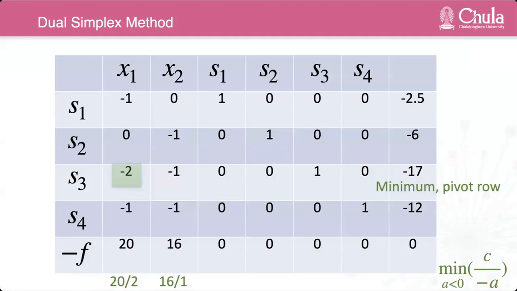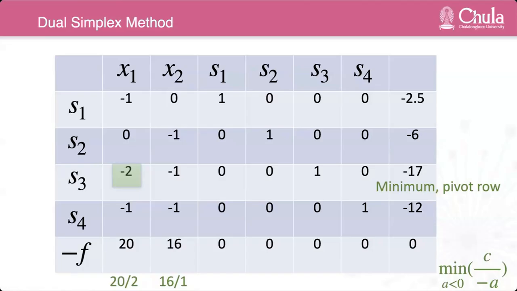We divide C by minus A. This row, C over A is 20 over 2, right? It becomes 10. C over A is 10. What about this? It's 16, right? Okay, you find the minimum one. This is the minimum one, right?